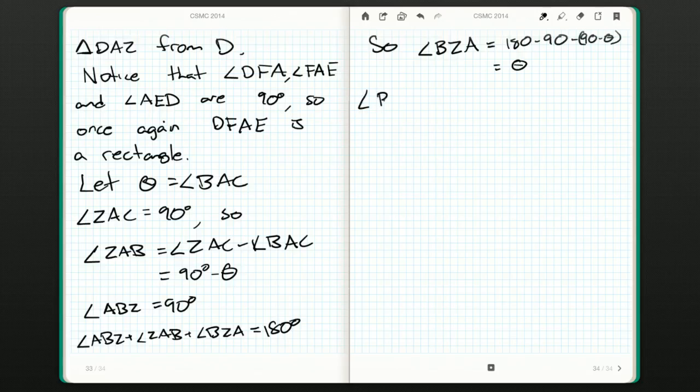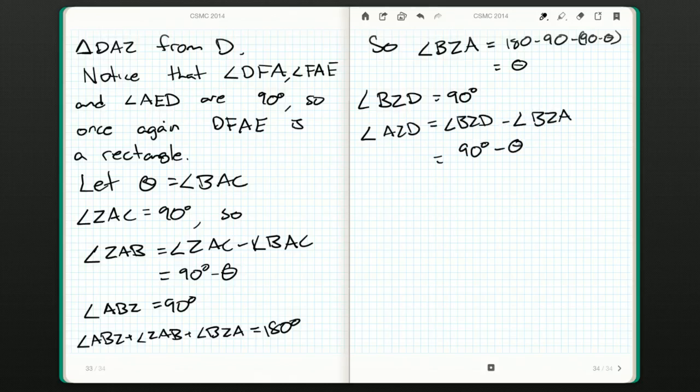Now angle BZD is 90 degrees. And that means that angle AZD is angle BZD minus angle BZA, which we just worked out. I'm just copying, if I had the diagram handy, this would be a lot easier. I'm trying to remember the diagram off the top of my head. So this is 90 degrees minus theta. Okay. And I think this will be the last one.